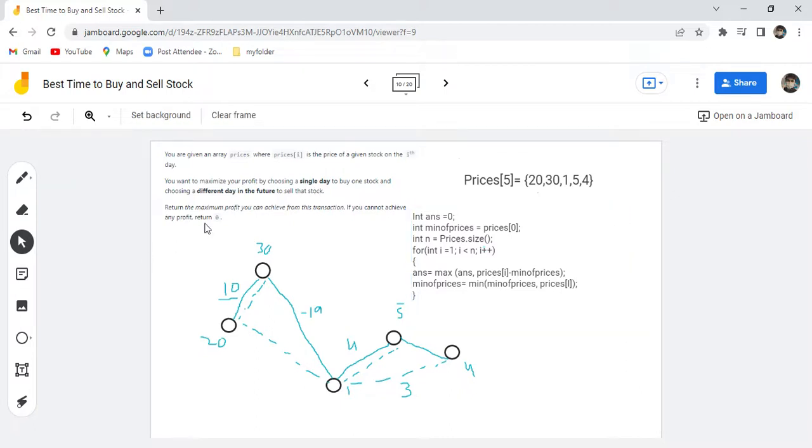So we also have a catch here: return the maximum profit you can achieve from the transaction. If you cannot achieve any profit, return zero.